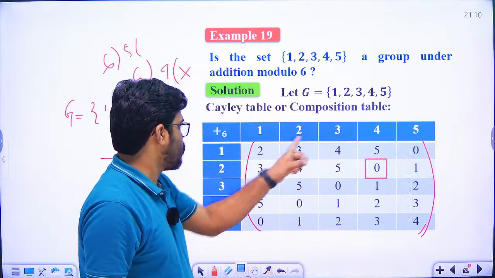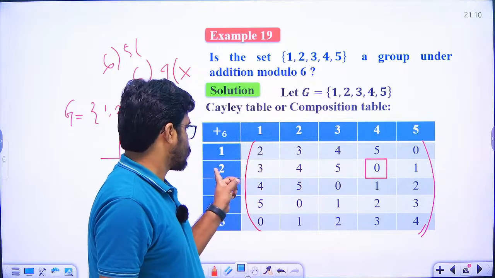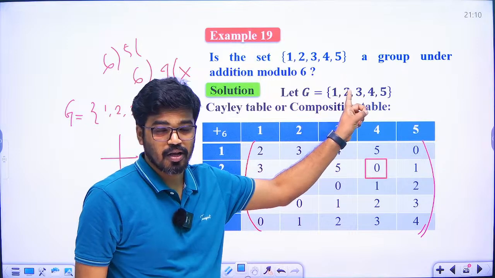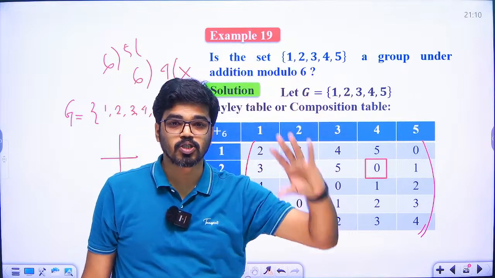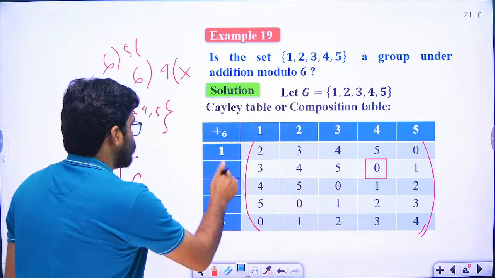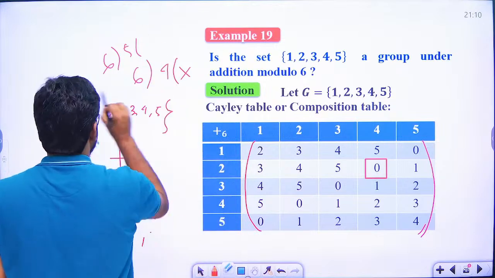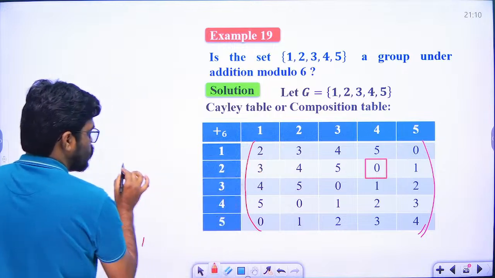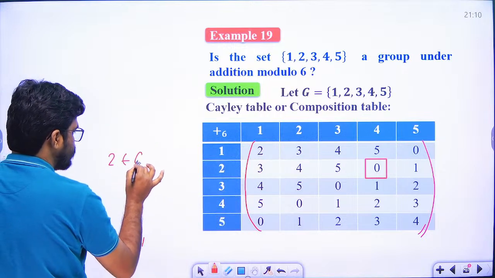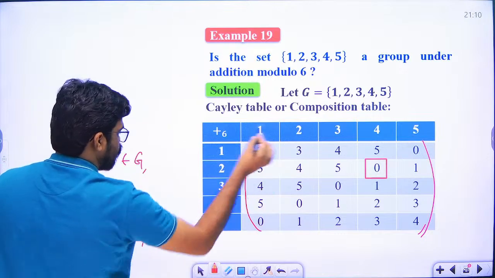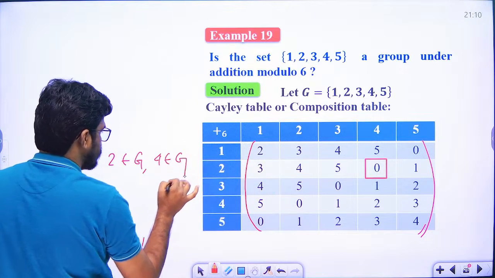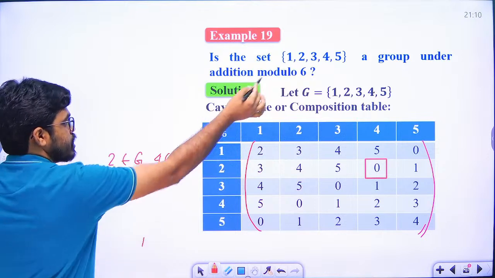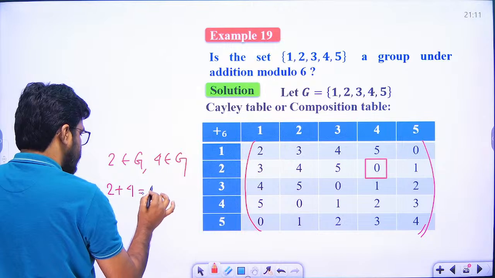Look, 2 plus 4 is 6, 0 does not belong to the set, so closure property does not satisfy. 2 belongs to G, right? 4 belongs to G. 2 plus 4, what do we get? 2 plus 4 is 6, 6 divided by 6, remainder 0.